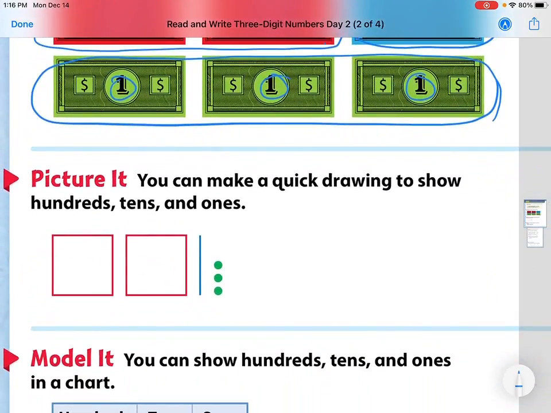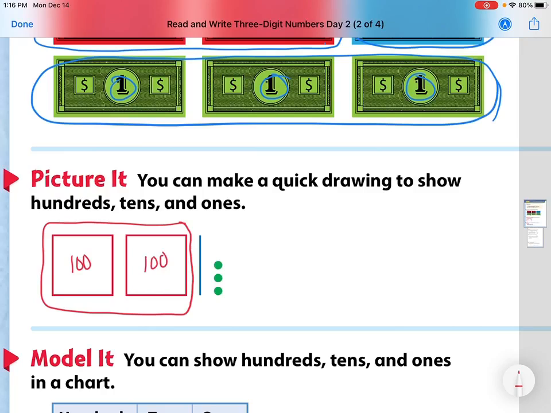Or here's another way to draw a picture of this same problem. You could just quickly draw the hundreds, tens, and ones models, right? So let me get a different color. These red are the hundreds models, right? And it said he won 2 of those. And remember, this one is worth 100, and this one has a value of 100.